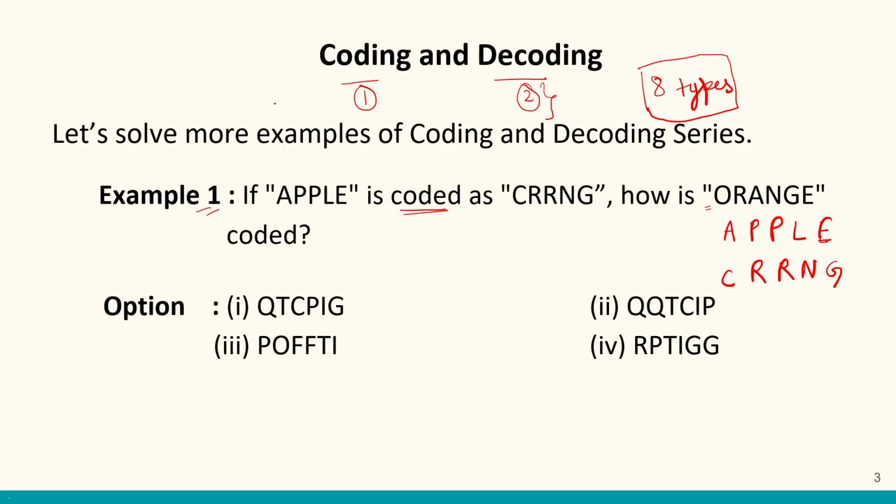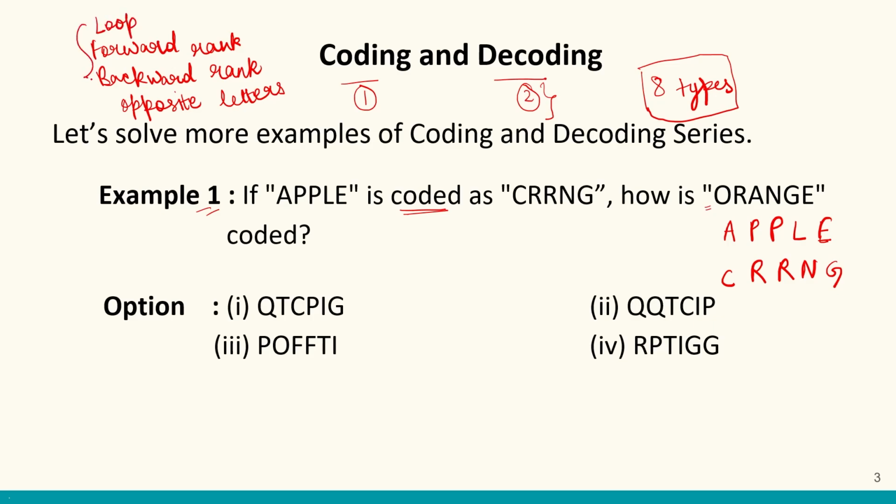If you remember, I told you some concepts: forward rank, backward rank, opposite letters, and I also discussed the concept of loop. With the help of these 4 concepts, we can easily solve letter or alphabet coding problems.